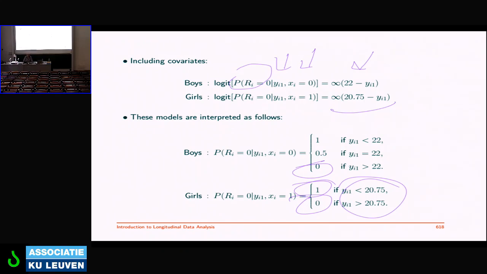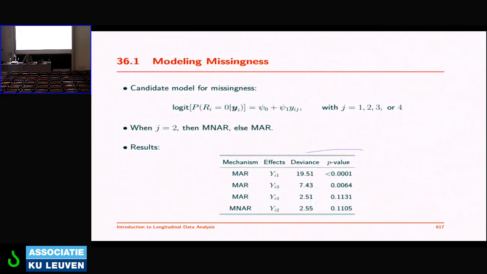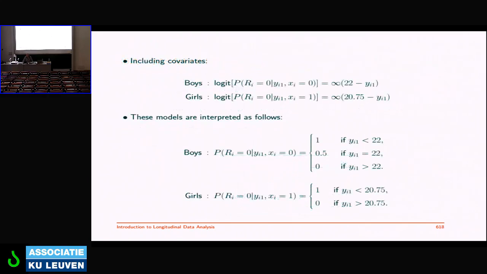The previous mechanism, this model, is a very typical pragmatic model. This is what may happen in practice. We may end up with a model like this and say, okay, there is very high predictive power in missingness coming from the first measurement, full stop. Not perfect, no. If you would have had the missing data like you do here, you could still refine it and say, hey, if you look at boys and girls, we come up with a perfect model.